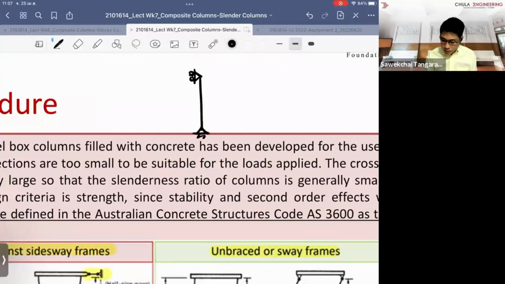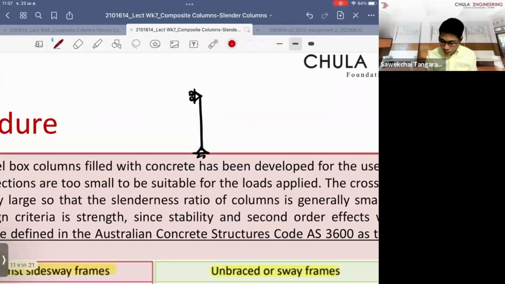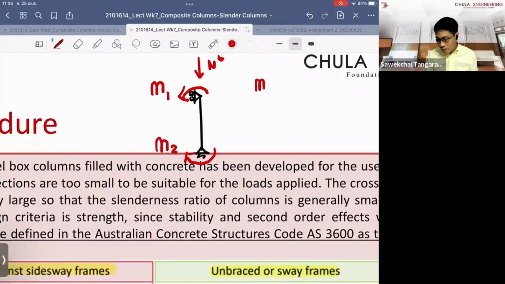When you look at each column, the force coming first is axial force, and second it might come with bending. If you assume this is M1 and this is M2, M1 must always be less than or equal to M2.